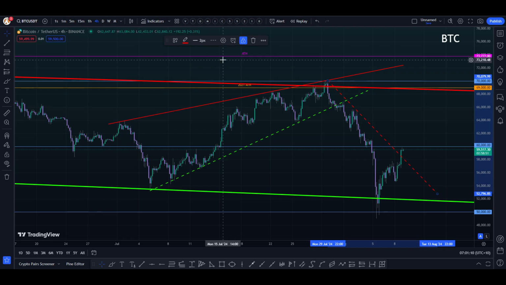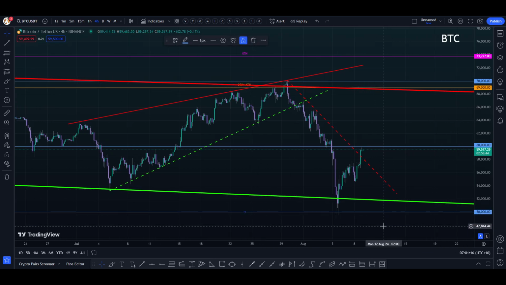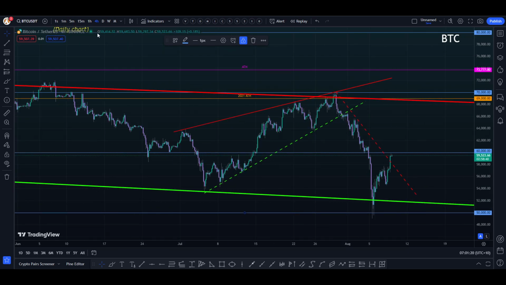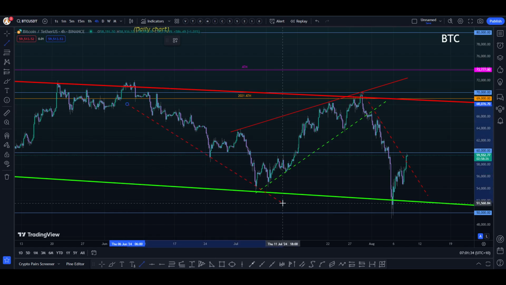However, let's break the line down to depict that trend line has been broken. Now, let's go down to the hourly chart, and we'll see if there are any trend lines producing support or resistance at the moment too. While they're staring at me in the face, let's do a couple more.